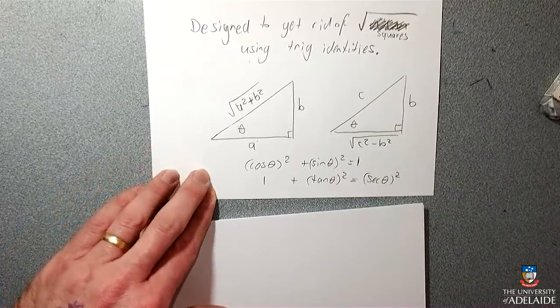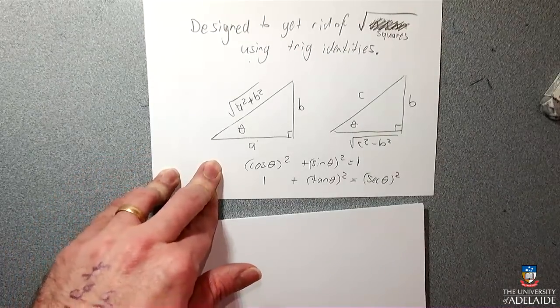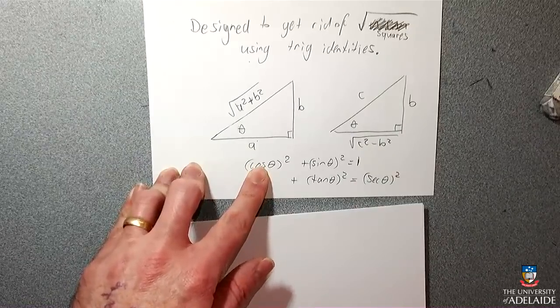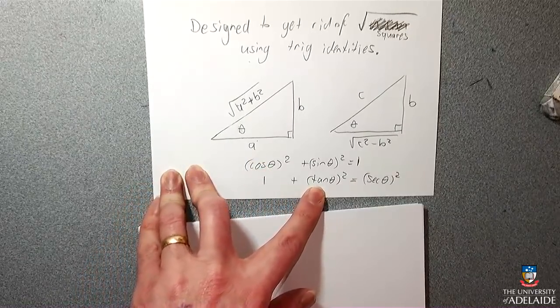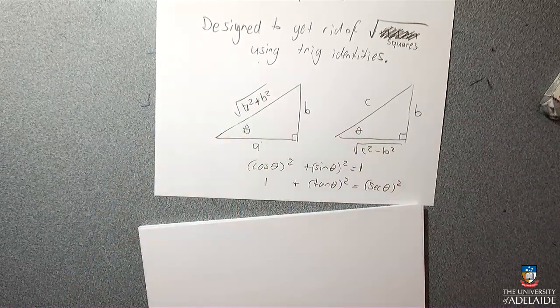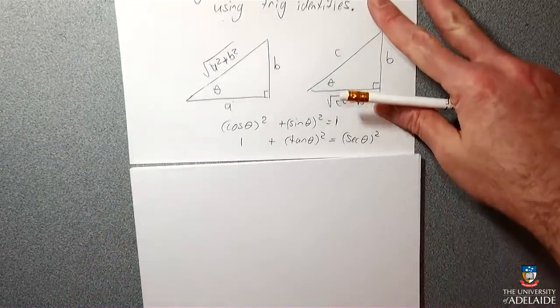So these, if you just do the algebra, will also produce those same square root things. If I want to know cos, it'll be root 1 minus sine squared. And if I want to know tan, it'll be root sec squared minus 1. So these also produce those same things.